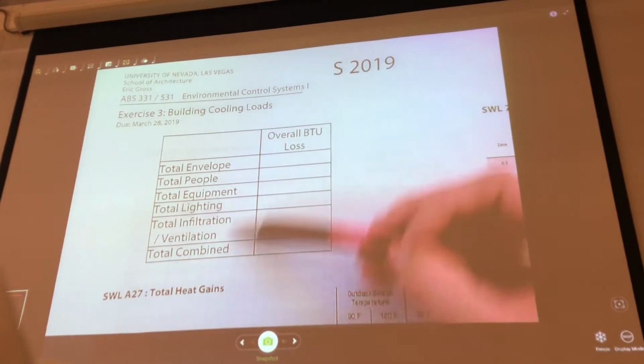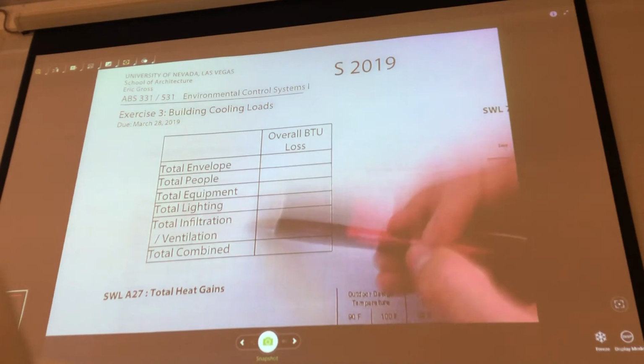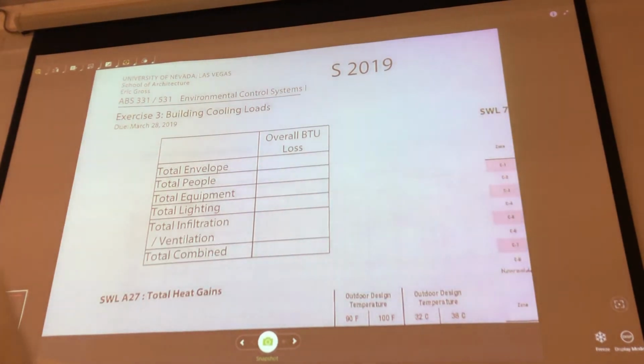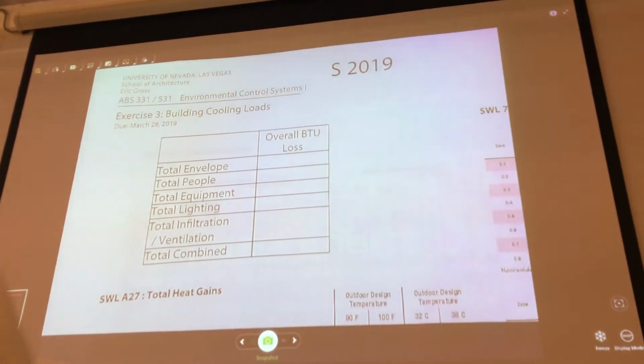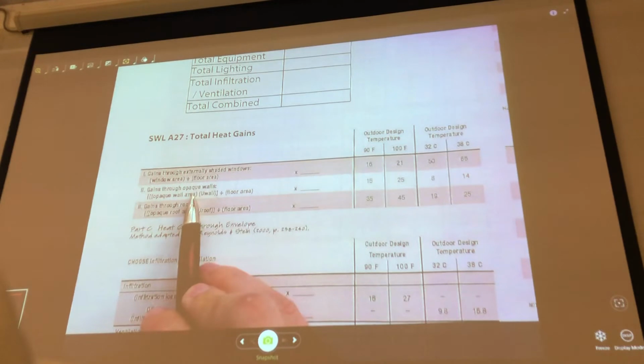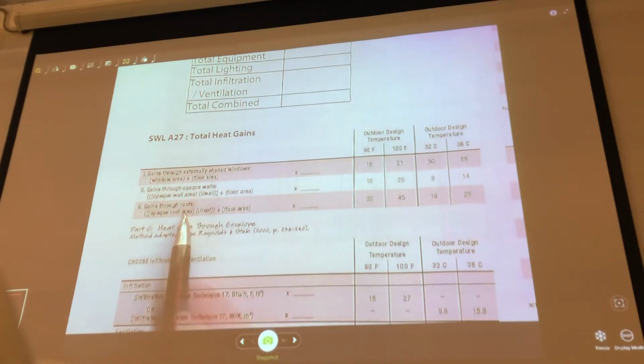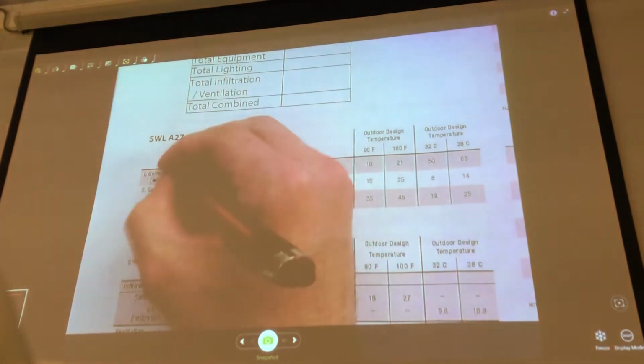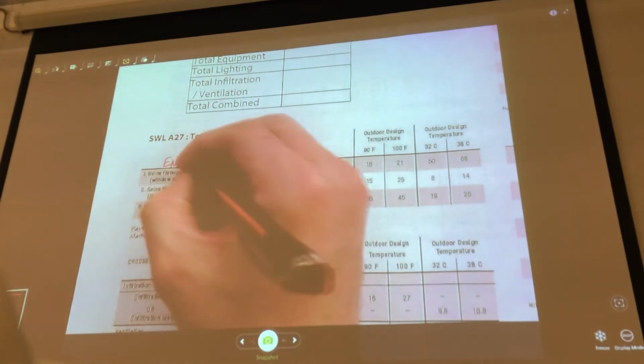It's just a combination of all of these. That's all we have to do. For our envelope, we're just going to look at our windows, our walls, and our roof. So right here are the 3 points for our envelope.